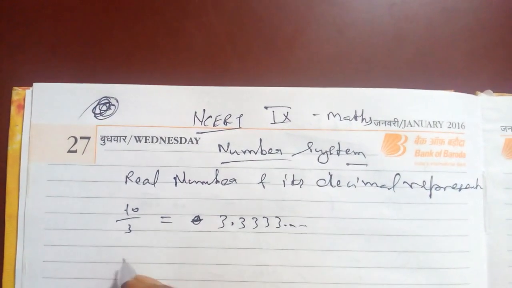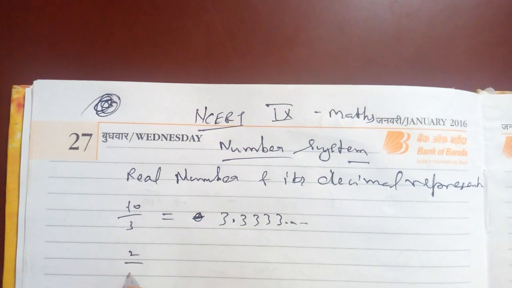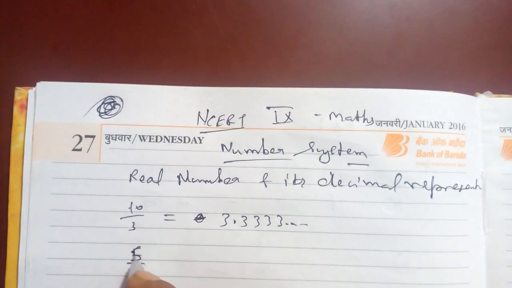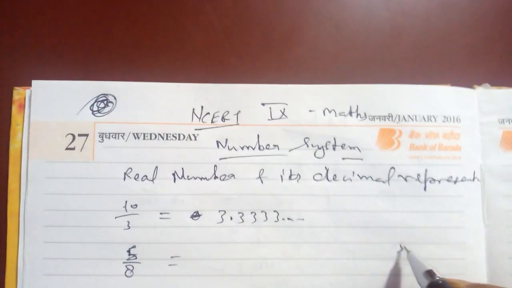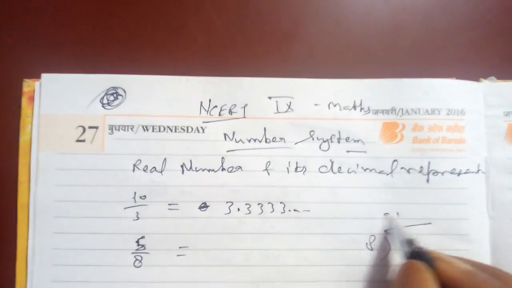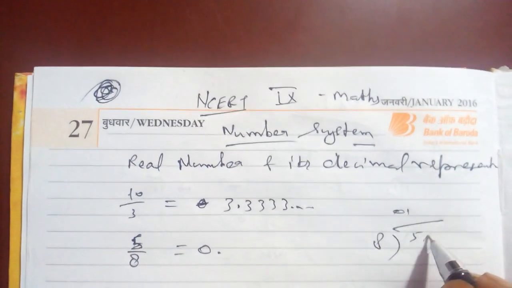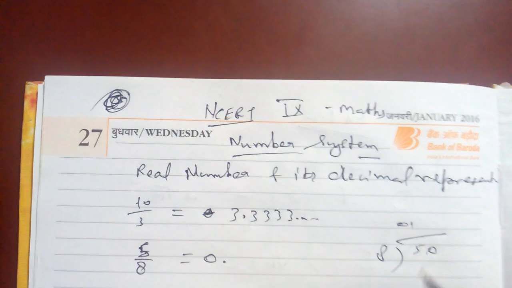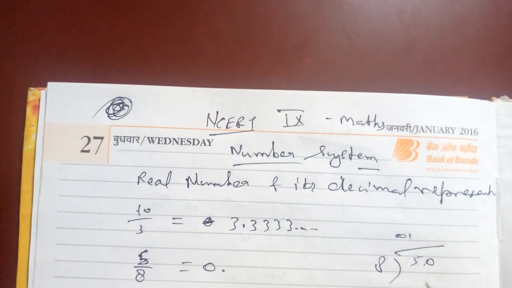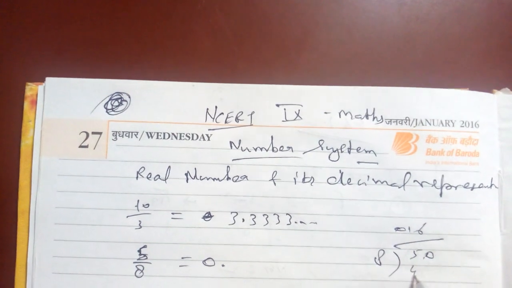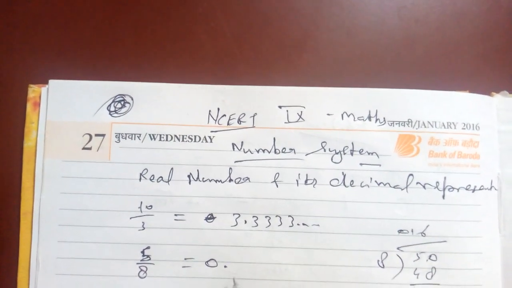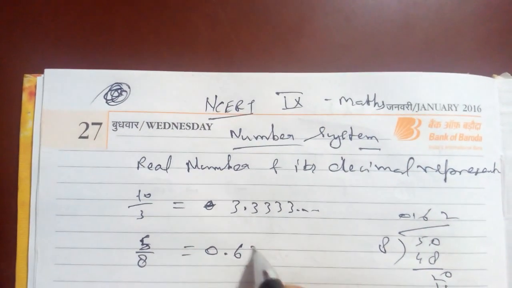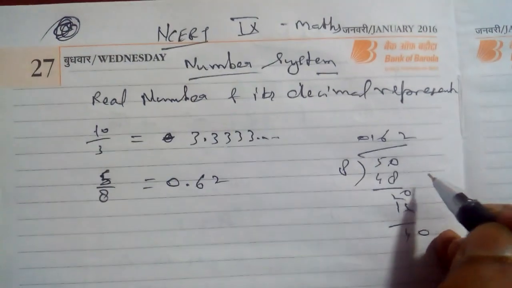Now if you divide 5 by 8, what will you get? First 0 point, then 1 0 will come here, 8 zeros are 0, then 50 is here, 8 6s are 48, remainder 2, then 20, 8 2s are 16, remainder 4, then 40 is here, and 8 5s are 40.